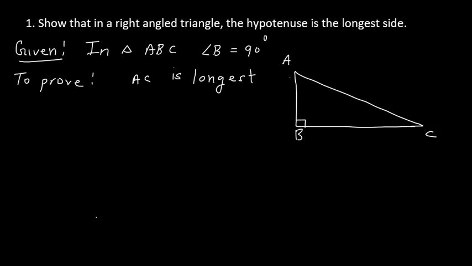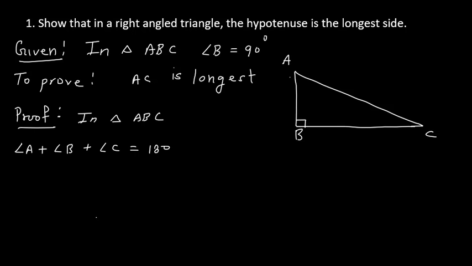Okay, so here let us start with proof. Okay, now sum of three angles of triangle is 180 degree. So angle A plus angle B plus angle C is 180 degree. I will say that in triangle ABC. Reason is sum of angle of triangle.